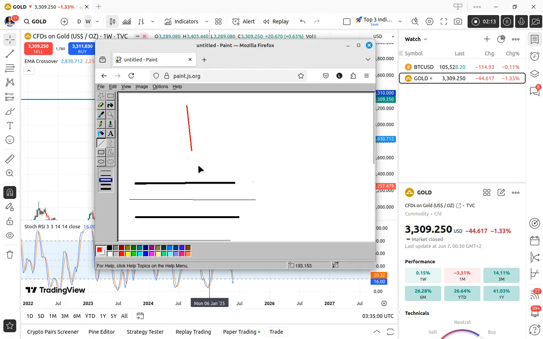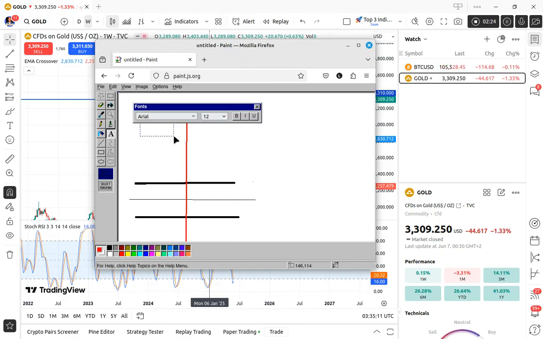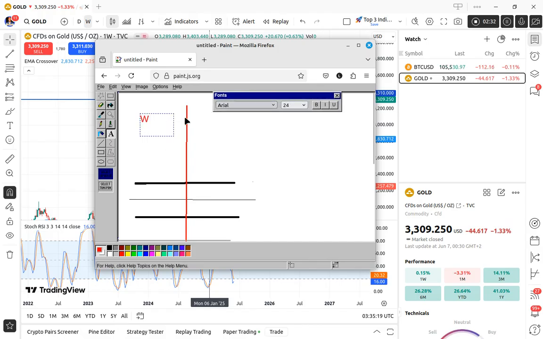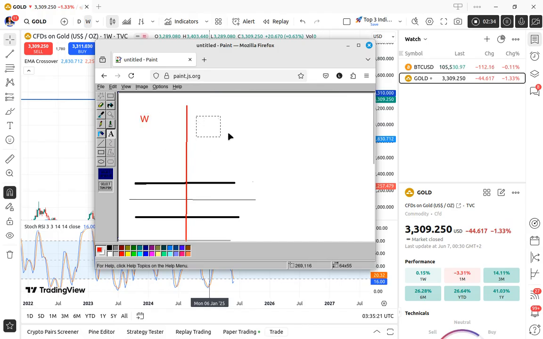So basically, I'm going to show you the strategy of how I found gold and silver. So this is the weekly chart. That's a daily chart. Okay.